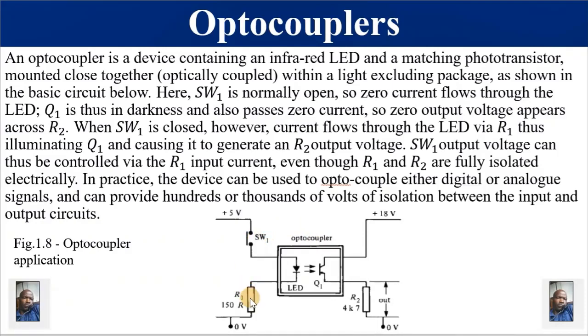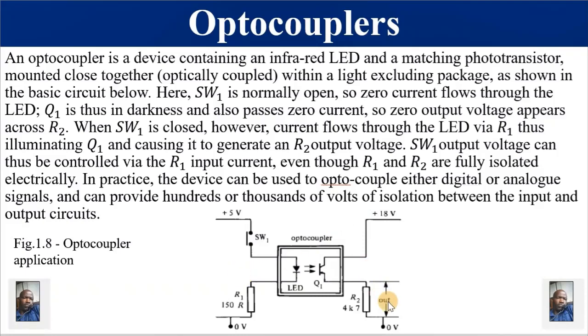This is a resistor, 150 ohm. This is also a resistor, 4.7 kilo ohms. This is an applied voltage, 5 volts, and at the load we've got a positive voltage of 18 volts. So we are saying this is our input, this is our output.